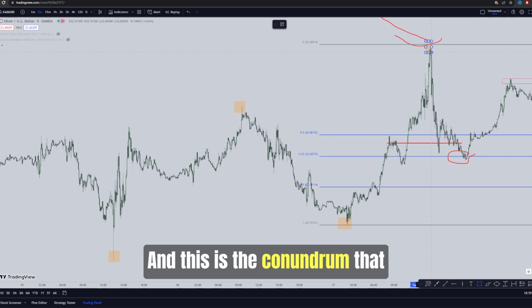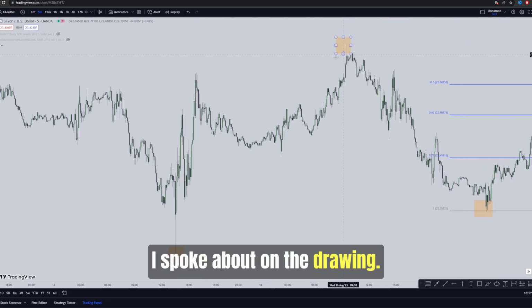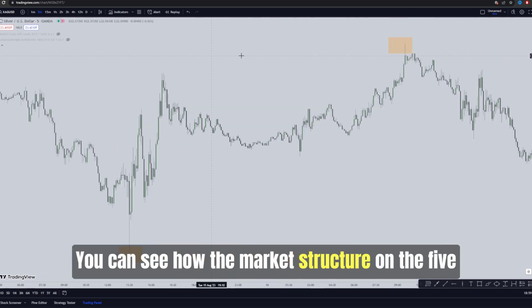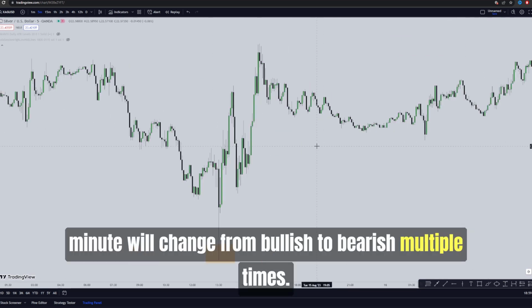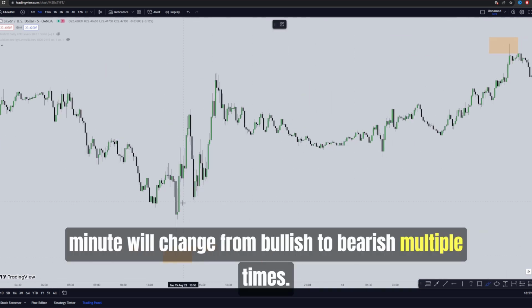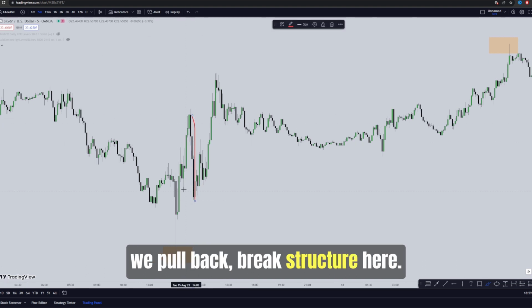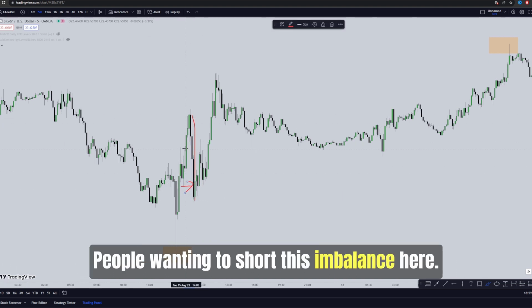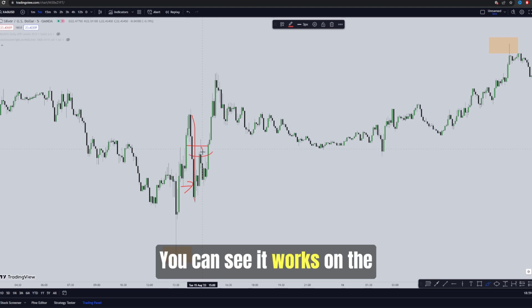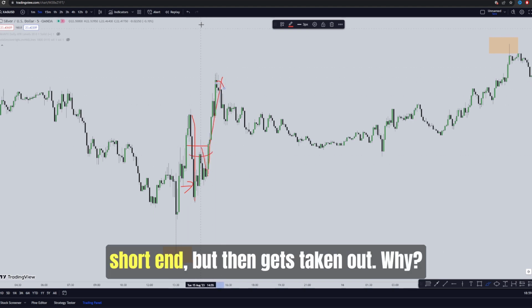And this is the conundrum that I spoke about on the drawing. You can see how the market structure on the 5 minute will change from bullish to bearish multiple times. We move up, create a high, then we pull back, break structure here, people wanting to short this imbalance here. You can see it works on the short term, but then gets taken out. Why?